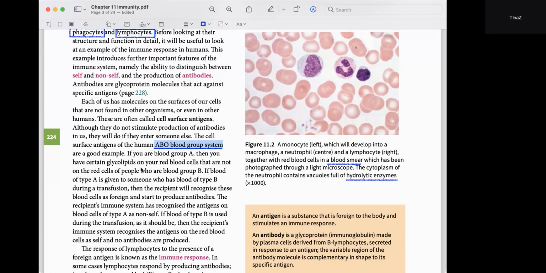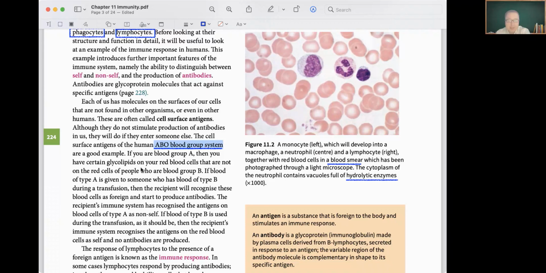So in type A blood, there is no type A antibody. Understand? But in type A blood, there is antibody called type B. Understand?